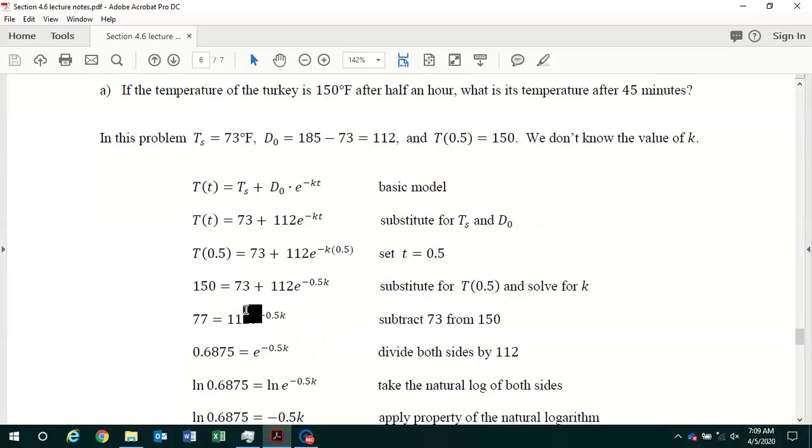Solving for k, the first step is to subtract 73 from both sides, and we get 77 on the left. Then we want to isolate the exponential e to the minus 0.5k, so we divide both sides by 112 and get 0.6875 on the left, which is equal to e to the minus 0.5k power.